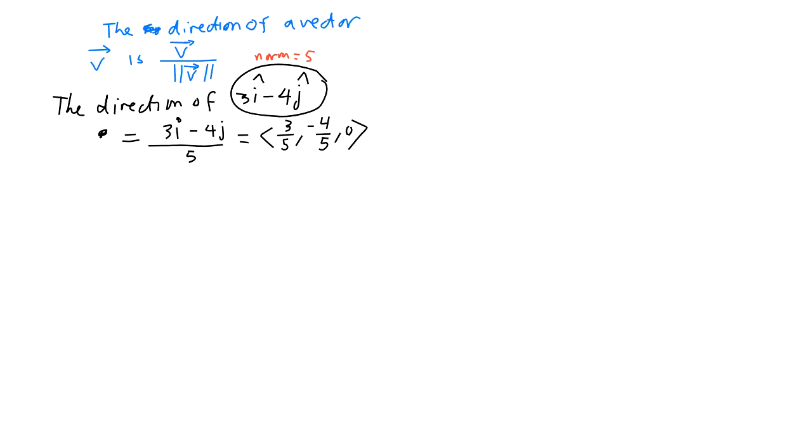Okay, now if the direction and the norm of a vector are given, how do we find that vector itself? If the norm and the direction of a vector are given, how do we find the vector itself?